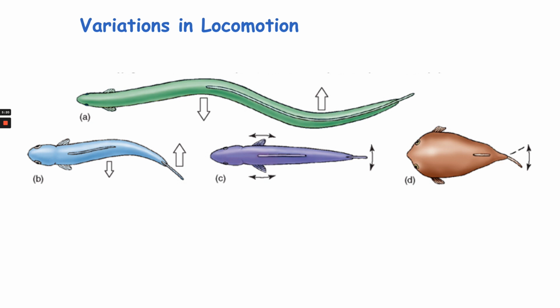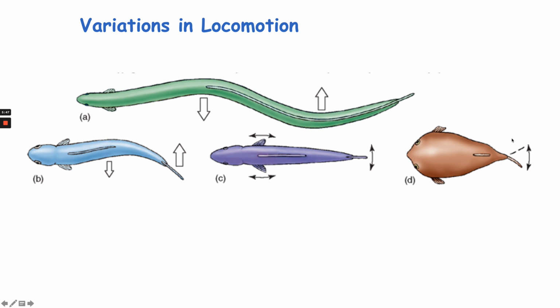And then C is showing, this one is swimming with its pectoral fins. So as I mentioned before, the pectoral fins are like arms. So these fish swim by flapping their pectoral fins. And a fish that you can see very commonly that swims like this is a parrotfish or a wrasse. And they also use their tail moving back and forth.